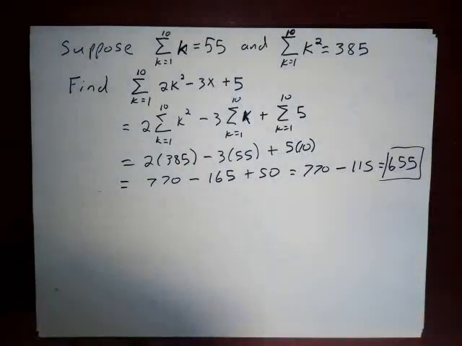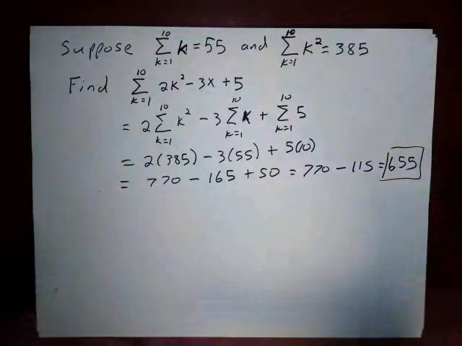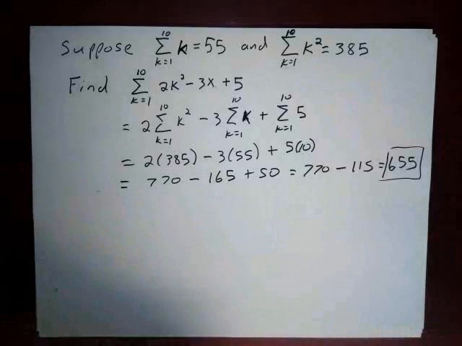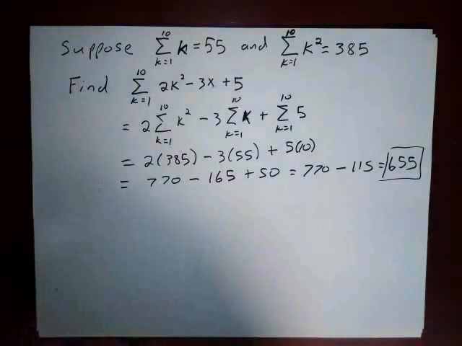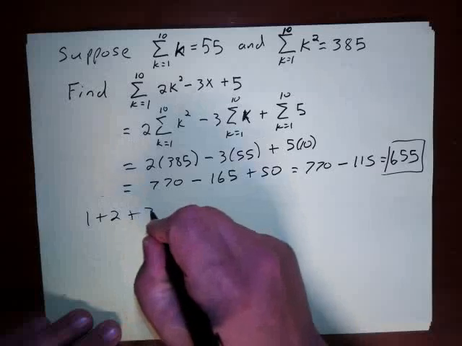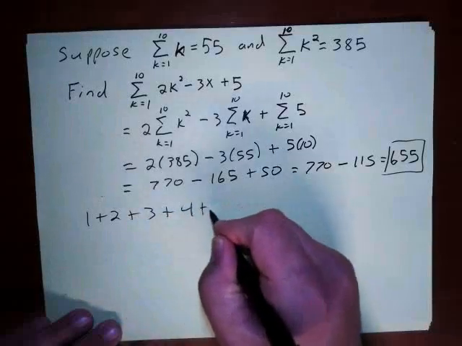And Gauss lived, I think, during maybe the 1800s, and he was a child prodigy. And he had a tutor that wanted to keep him busy, and he was like a 5-year-old child. And so the tutor said, add up the numbers from 1 to 100. 1 plus 2 plus 3 plus 4.